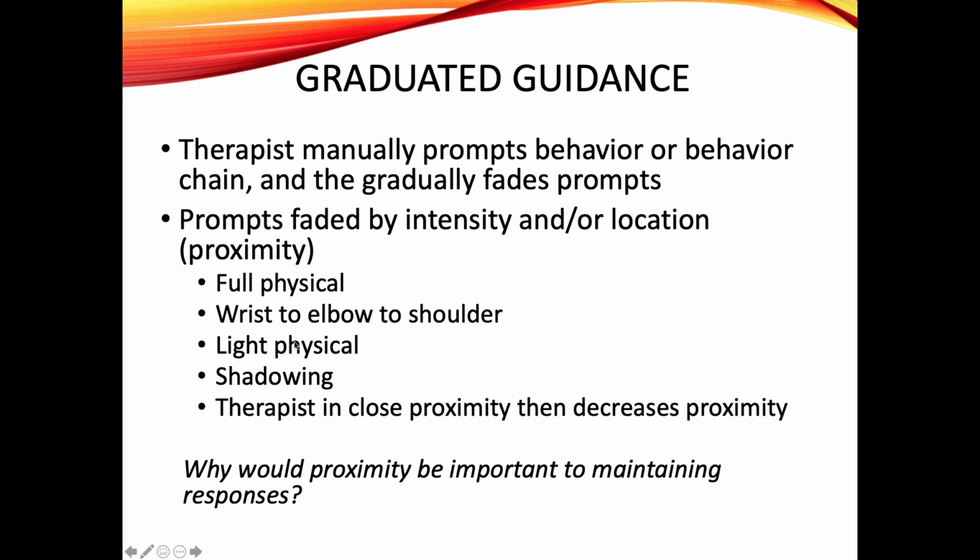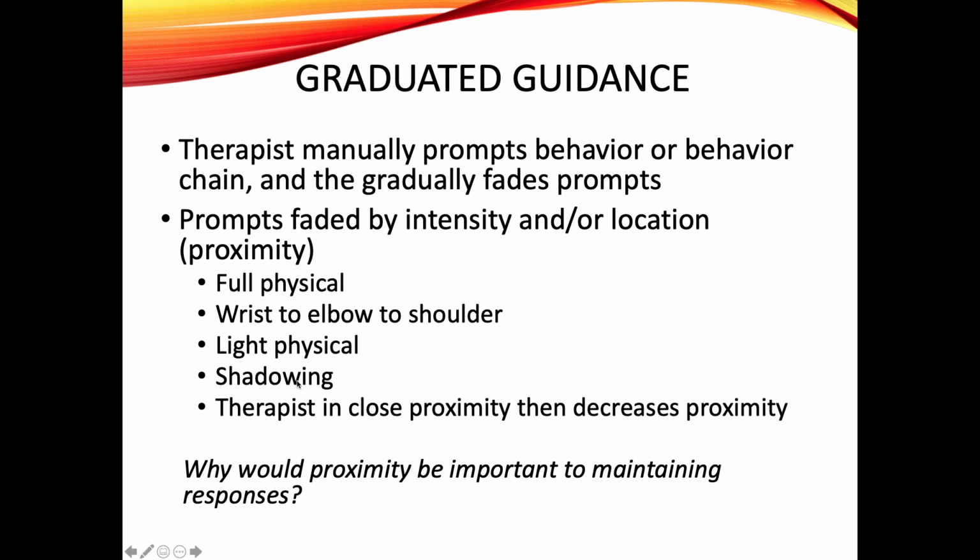So we go from that to light physical shadowing, right? Sometimes we may need to do this, that if we've had a history of physically guiding an appropriate response and we're trying to fade it out, sometimes we may have to actually have our hand sort of in proximity, or what we call shadowing, the client's hand, because us being there is stimulus control for the response.